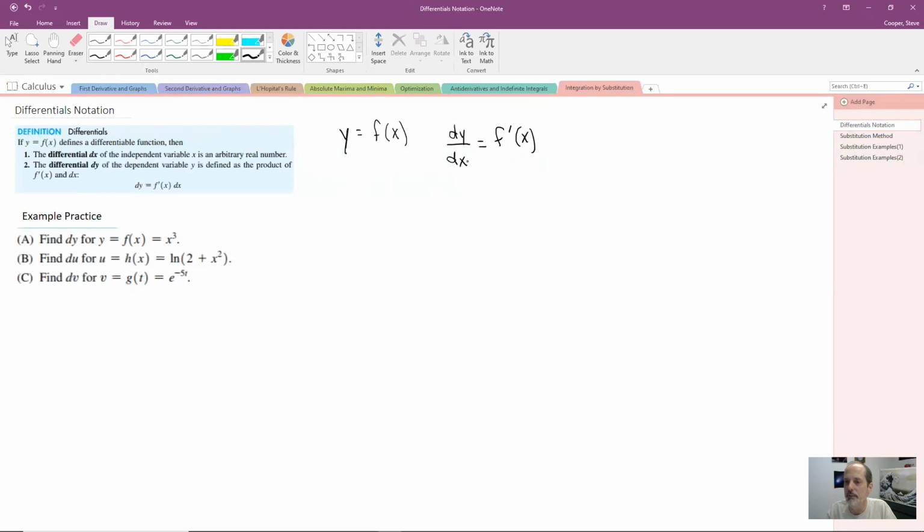Well, in essence, if we think about algebra, we can multiply both sides by the denominator. And if we did that here, we would end up with dy equals f prime of x times dx.